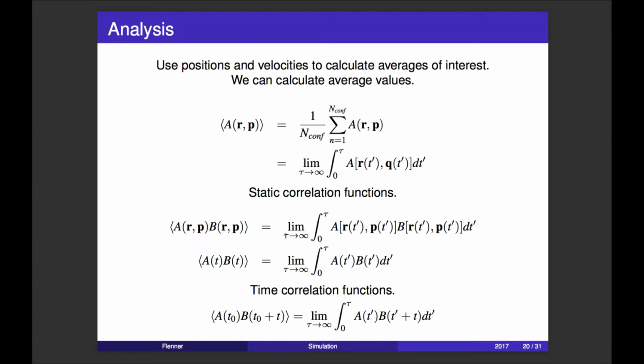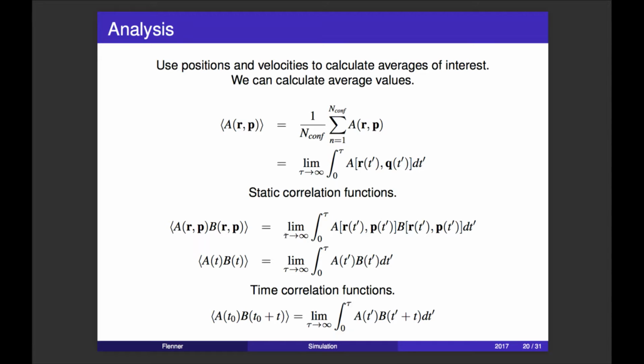But these are two functions, possibly functions of position or momentum. This is the same as if we take averages of these correlation functions at the same time. So you just calculate these two functions at the same time to calculate the averages.